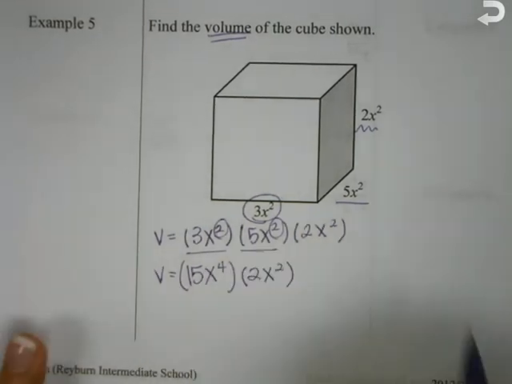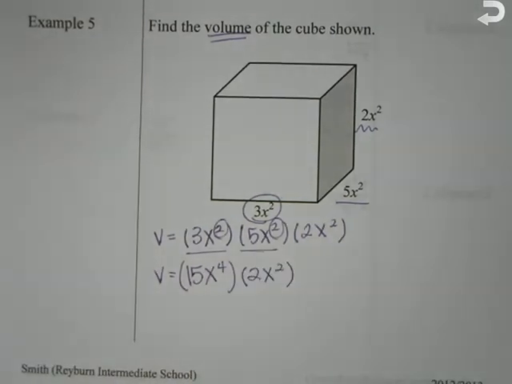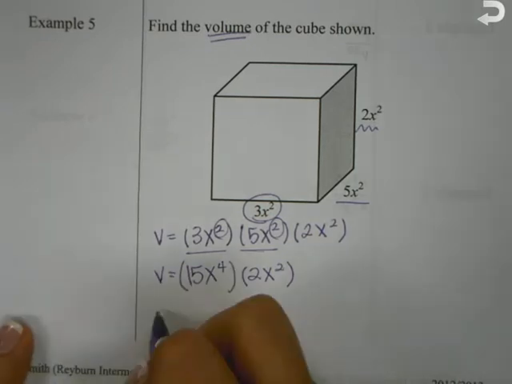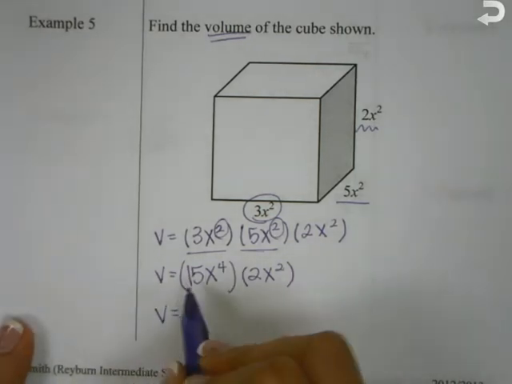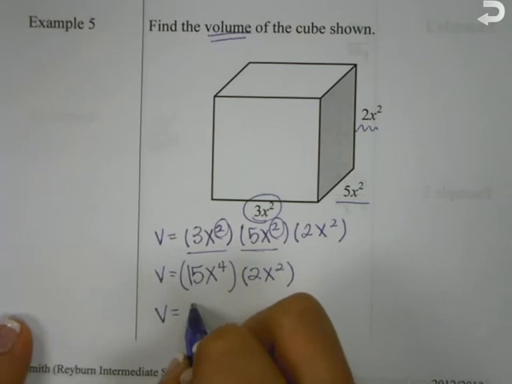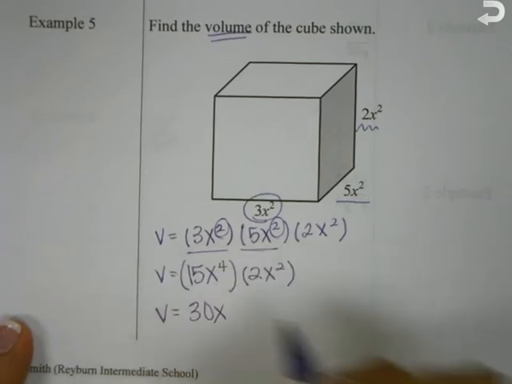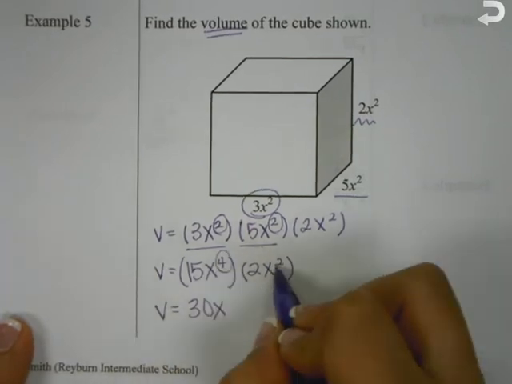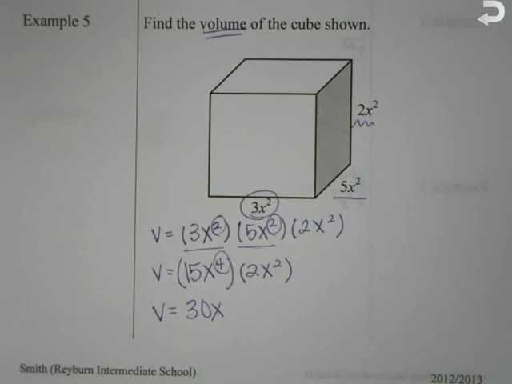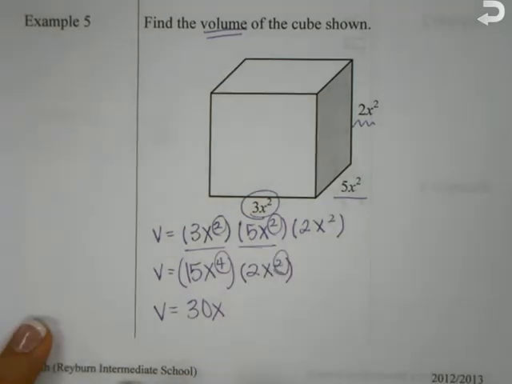So volume is equal to 15 times 2 gives me 30x to the 8th power. 4. What do I do with the exponents? Do I add or multiply them? I add them. So 4 plus 2 gives me 6. So my answer is 30x to the 6th power.